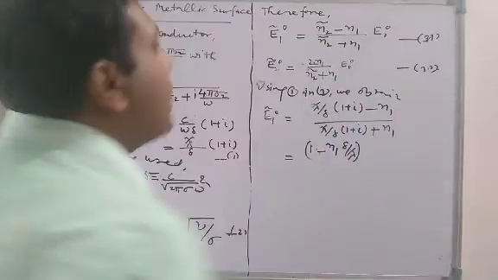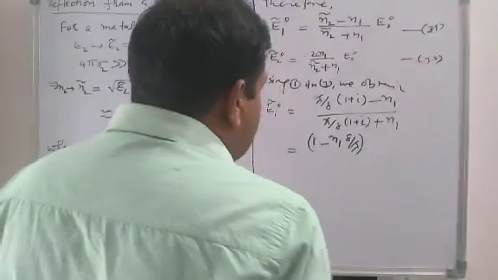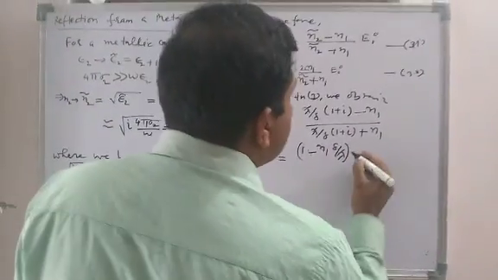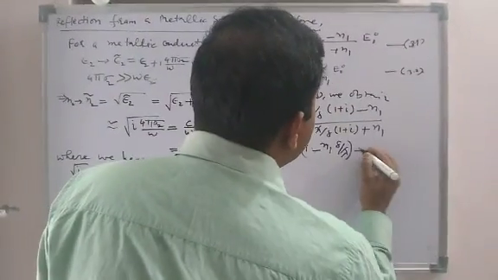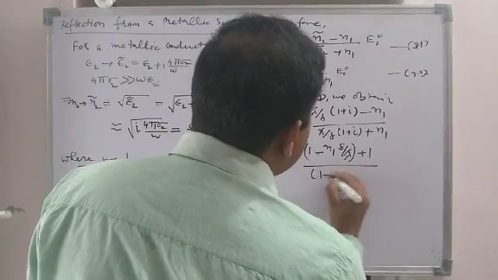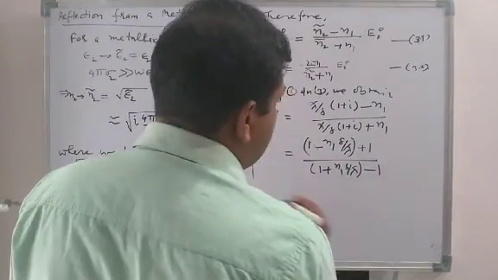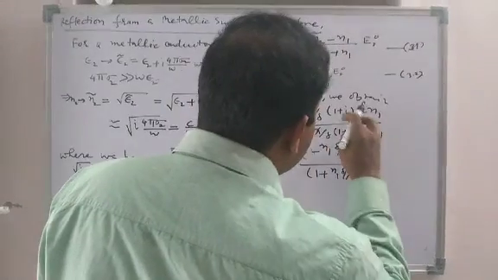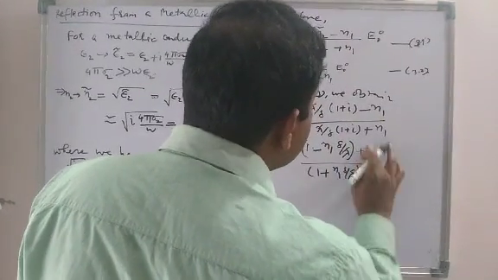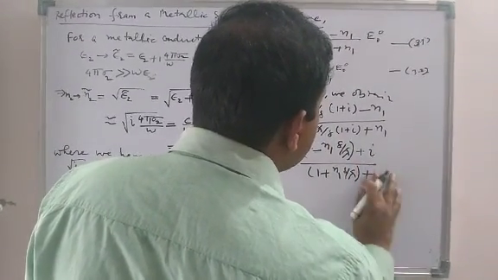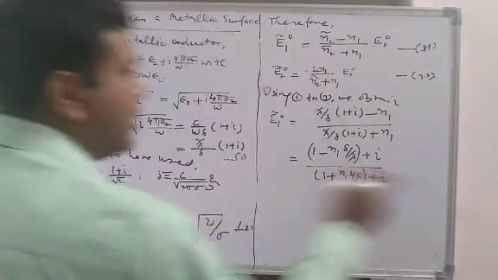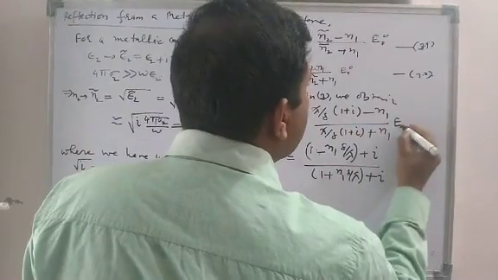We are just multiplying by delta by lambda bar on both of them, so we will get plus 1. Similarly, here we will get 1 plus delta by lambda bar minus 1, and it's going to be plus i. I'm just writing the other term the other way around.